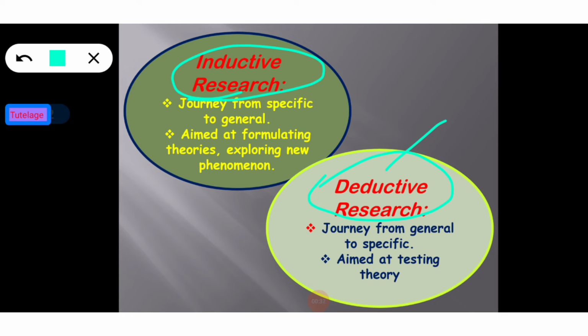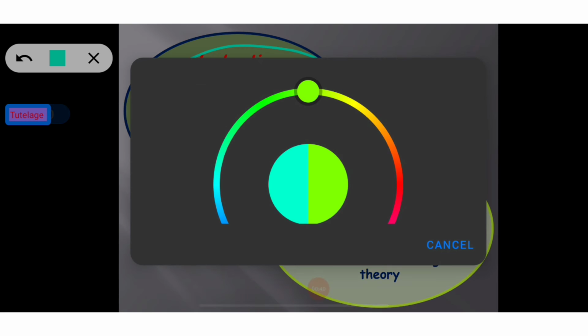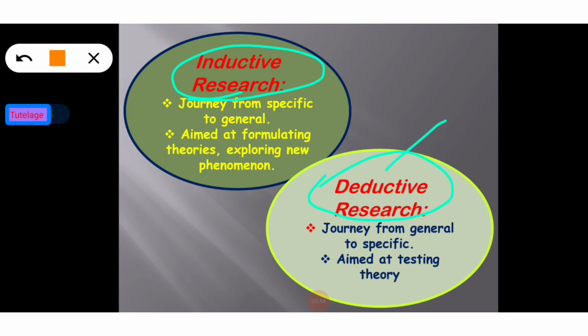The first point: the journey in deductive research is from general to specific. That means general to specific. This is called deductive research.